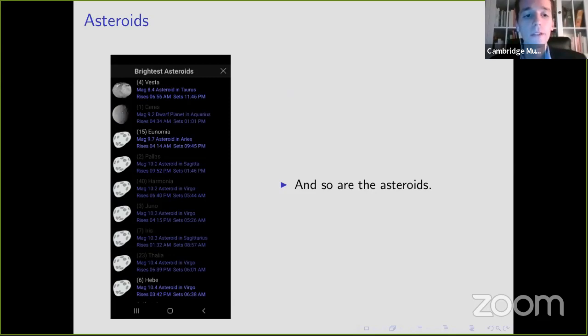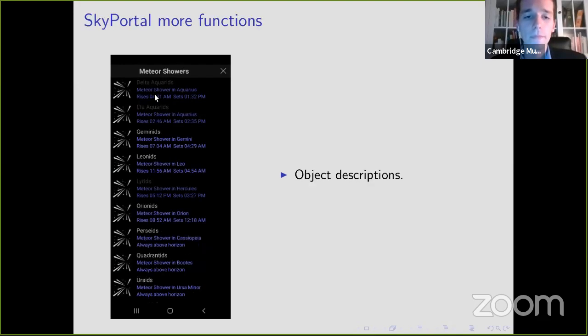Then there are the asteroids. One can also observe those, but again, a magnitude of 8.4 is dim, too dim for unaided eyes. SkyPortal has more functions. One can click on the objects on the sky and get a description of the object.